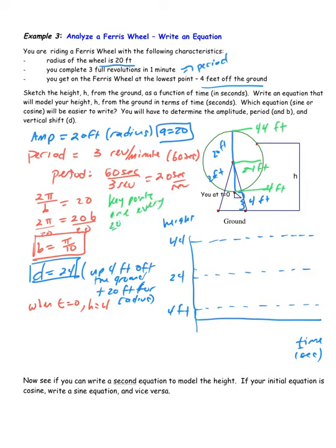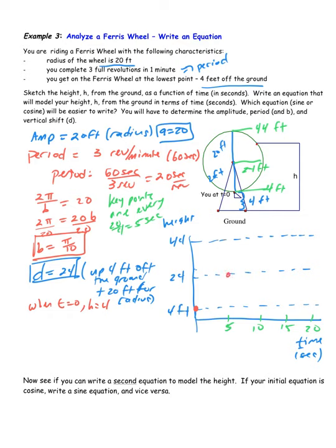So that'll be 20 over 4, which is 5 seconds. So when putting the scale on my x-axis, I would count by 5. So 5, 10, 15, 20. And we know that when t is 0, we are at 4 feet. So that's where we get on. And then every 5 seconds, we're going to hit a new key point.